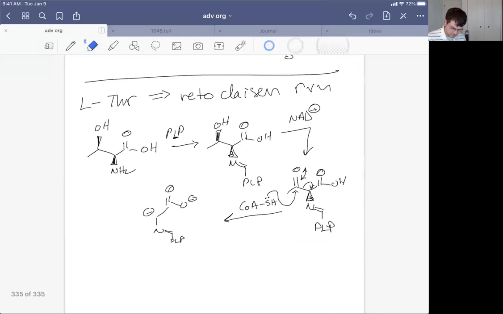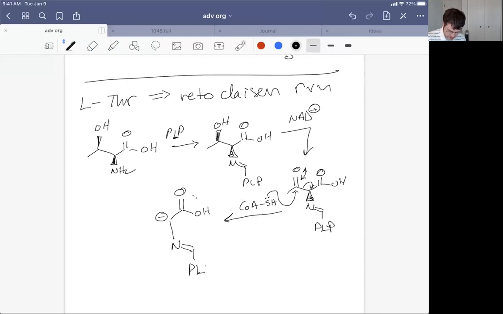I'm going to clean that up. We can put the negative charge at the alpha position of our amino acid that's adducted to PLP. But this is the glycine anion after it's adducted to PLP. And we get this as a result after the sulfur has added, and this is just acetyl-CoA.